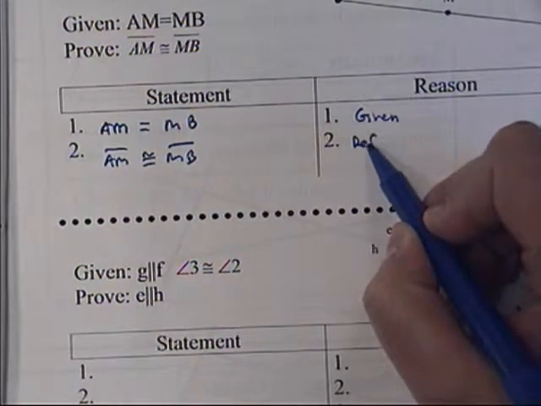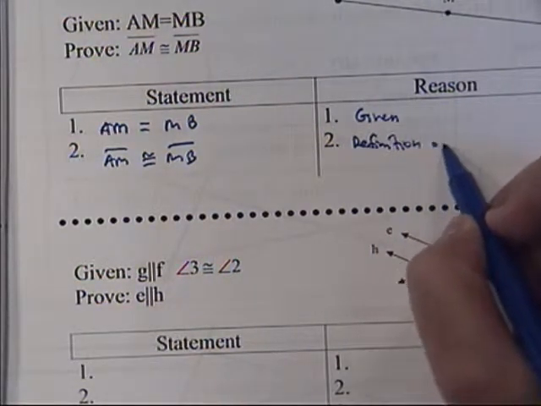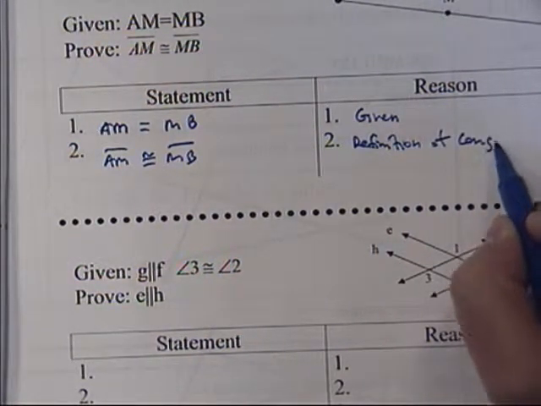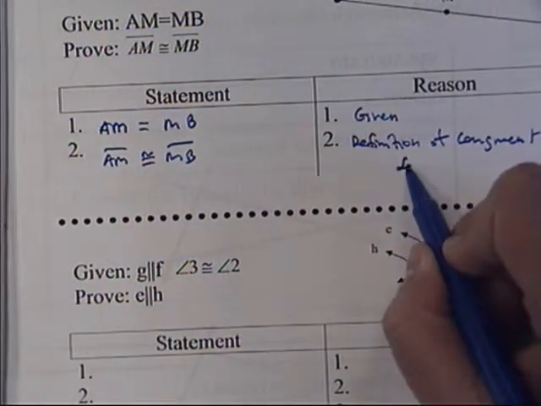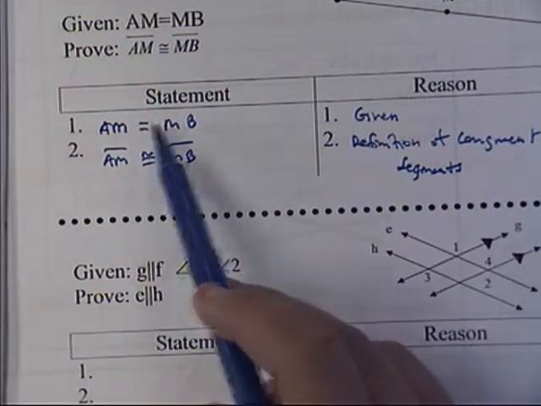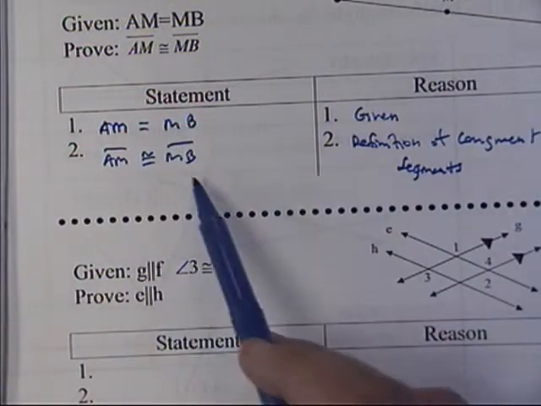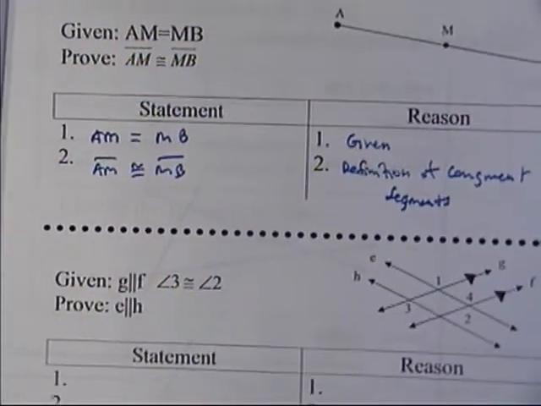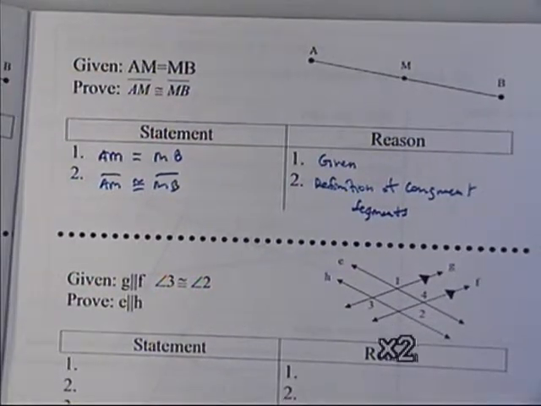And this would be the definition of congruent segments. Because their measures are the same, therefore they have to be congruent. And there's that example.